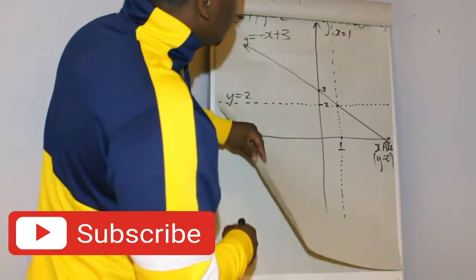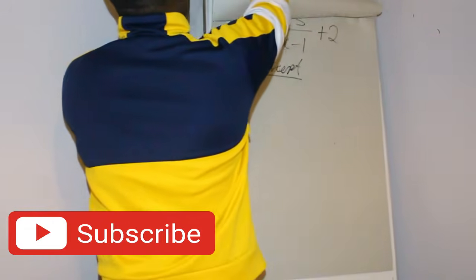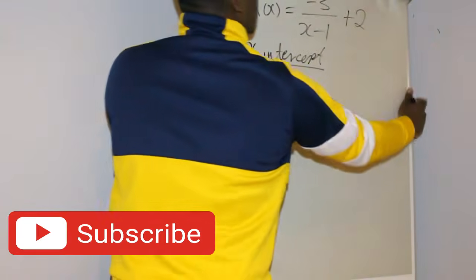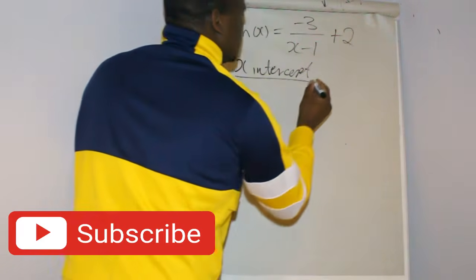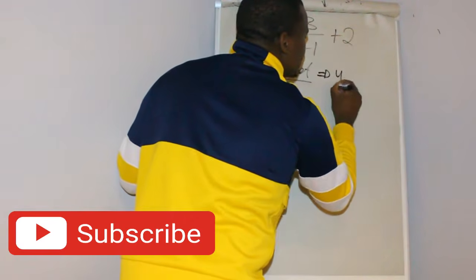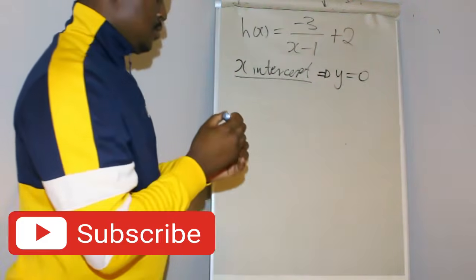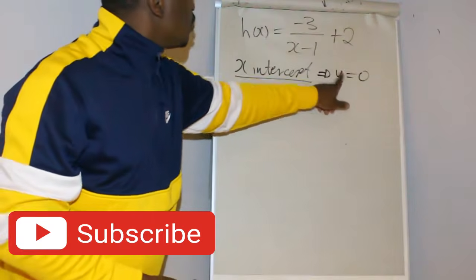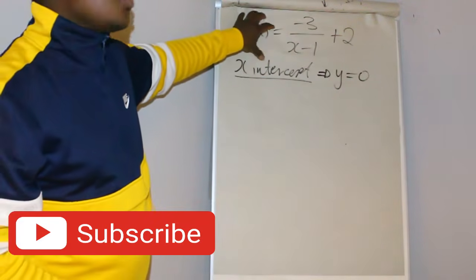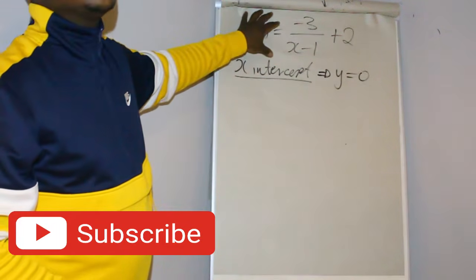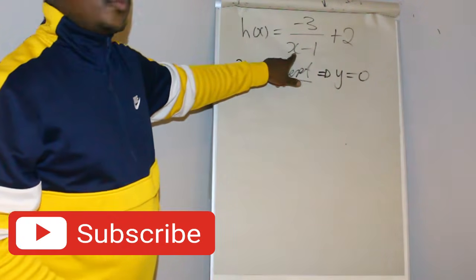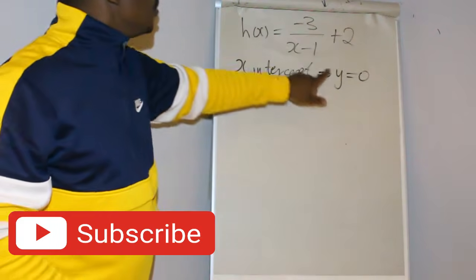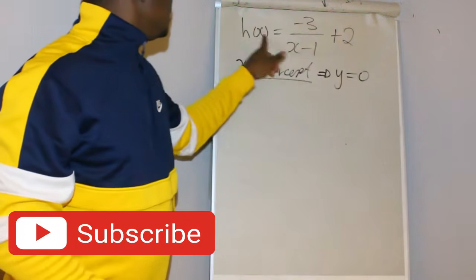So for the x-intercept, y is equal to 0, which means this part is 0, because this is your y part. Your function depends on x, which means this is your y. So you know that this part is 0 there.